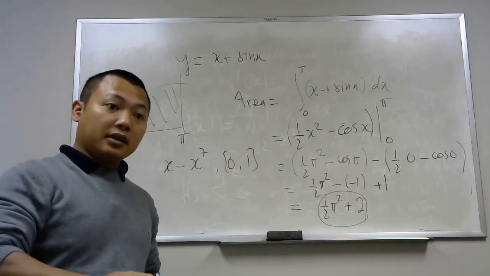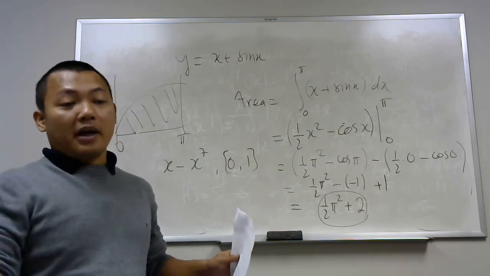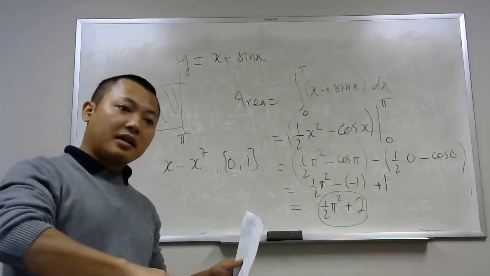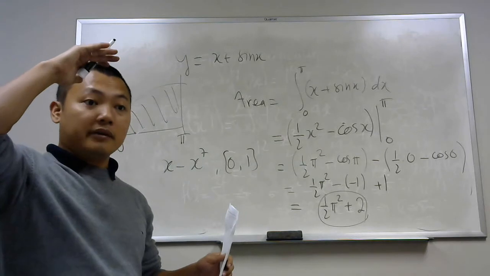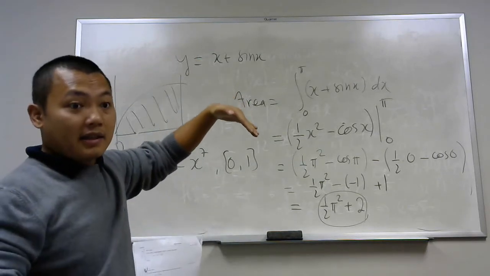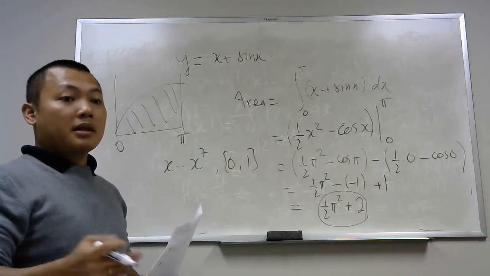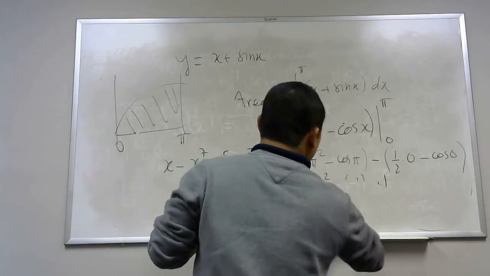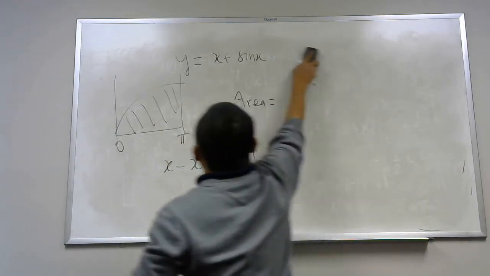Because we might have a mix: some part of the graph is under, some part of the graph is above. So we have to make sure the graph of this function is above the x-axis, and then you take the integral. But some of you forgot about it. All right, let's finish this problem and move to the next.